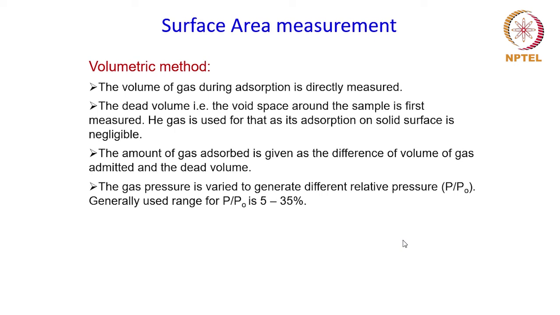And the generally used range for this measurement in terms of the relative pressure is from 5 to 35%, which is basically the linear range or the monolayer coverage region of the isotherm.